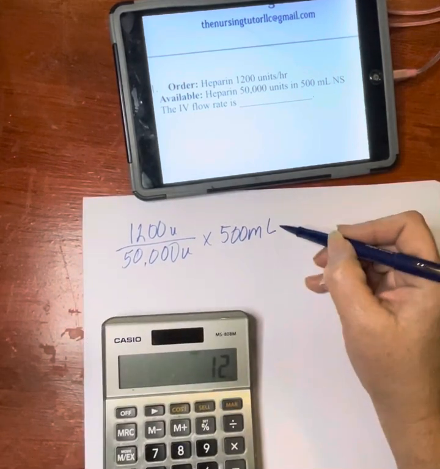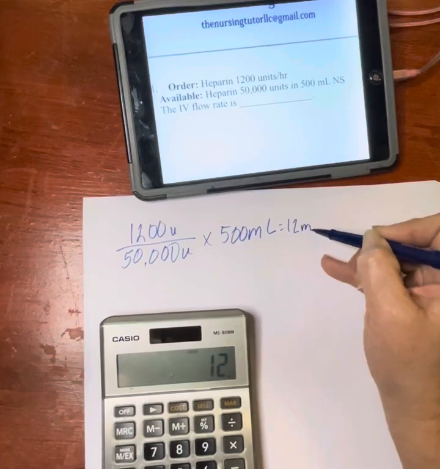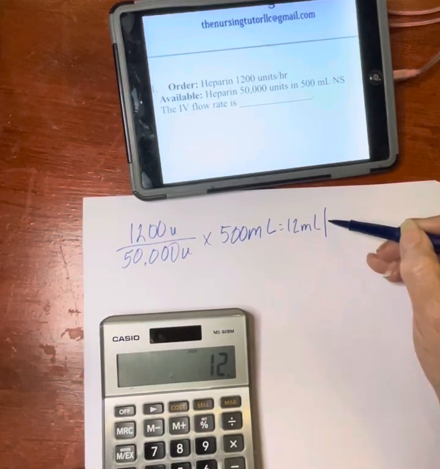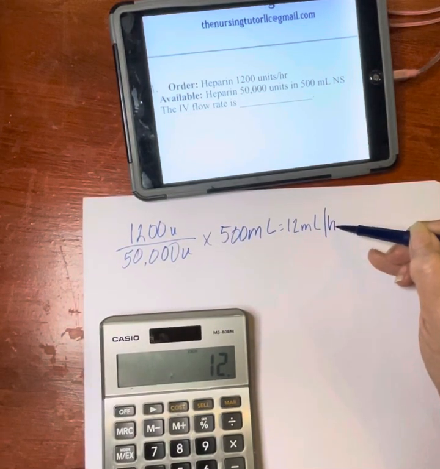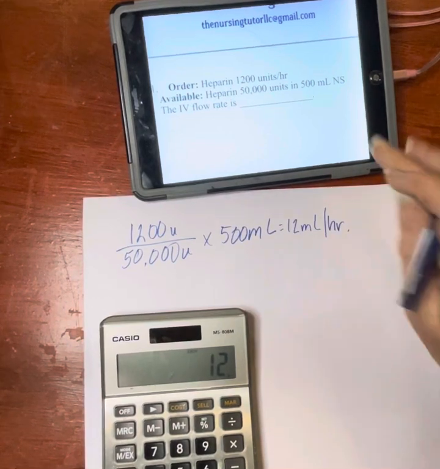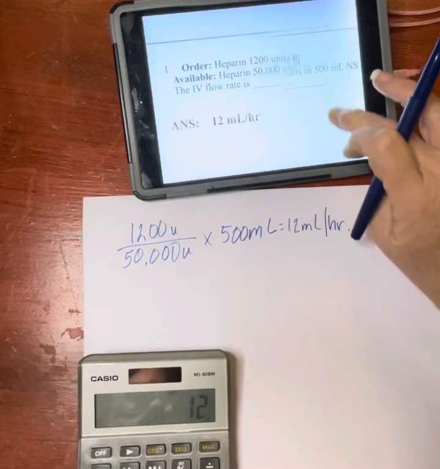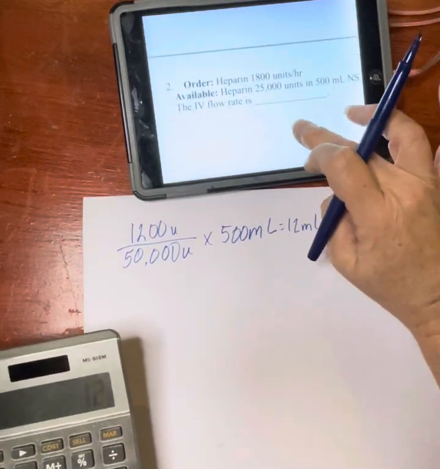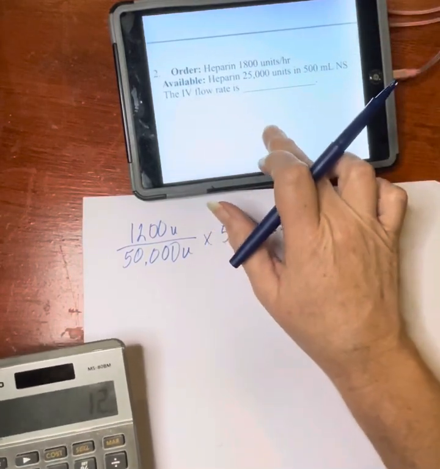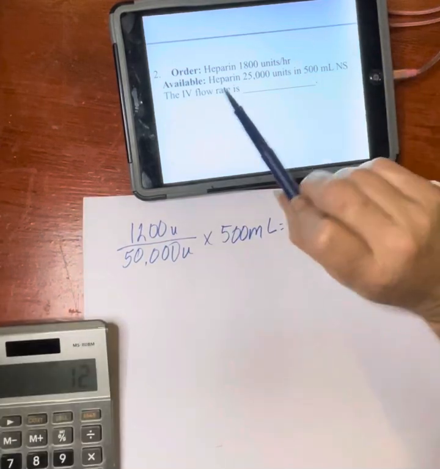That's going to equal 12 milliliters per hour. Look. We saved them. Yes, we did. Because we are fabulous.